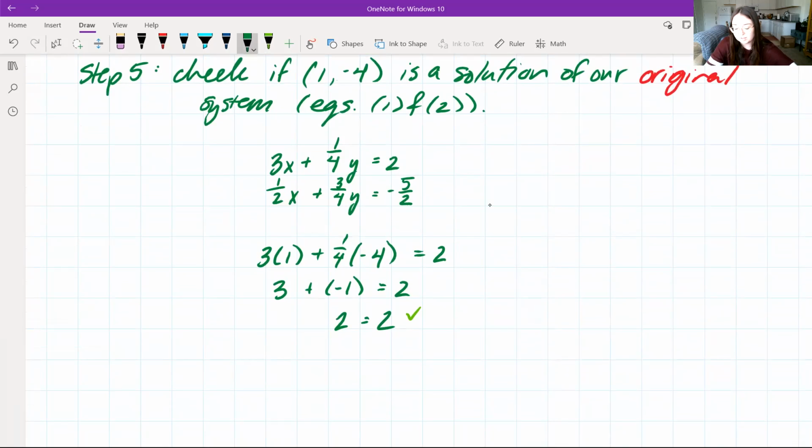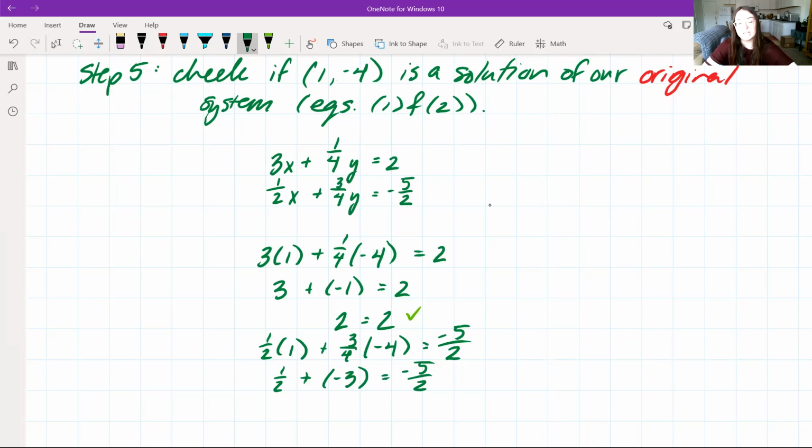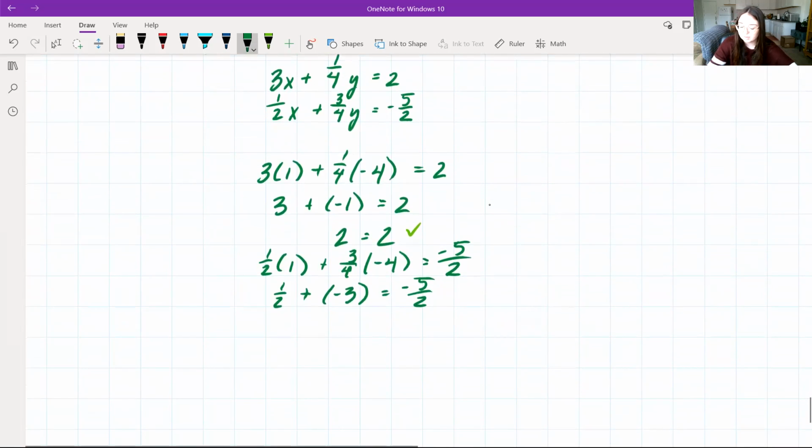Now we just want to see if it's a solution of our second equation. So we're going to have 1/2 times 1 plus 3/4 times negative 4. And we're stating is equal to negative 5/2. 1/2 times 1 is just 1/2. 3/4 times negative 4 is going to give us negative 3, which we're stating is equal to negative 5/2, where negative 3 is the same as saying negative 6/2.